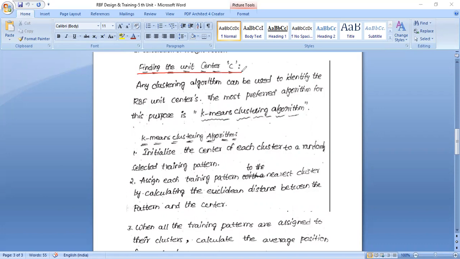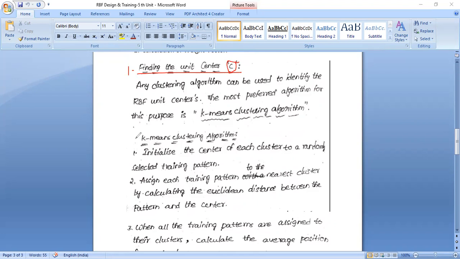Each neuron of a hidden layer we may call a unit. A unit is also called a neuron of a hidden layer, right? So now the first step is finding the center of a unit, or centroid of a unit, C. C is one of the parameters here, right?